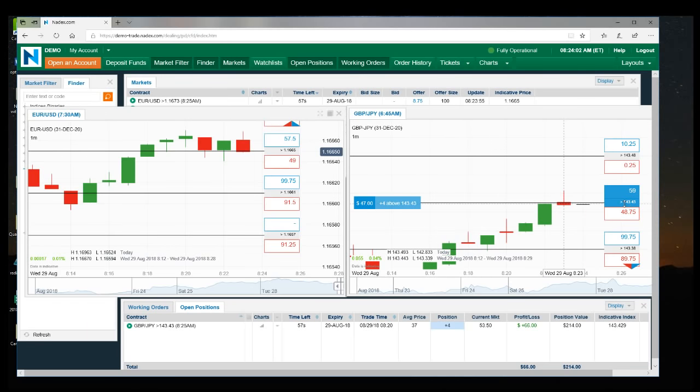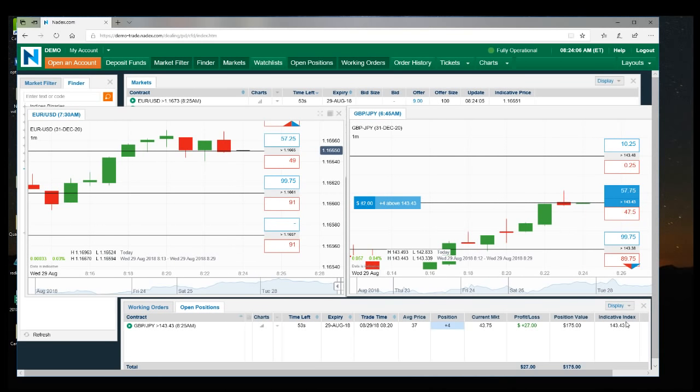Remember, this has to be at 143.431. And this is where you watch the indicative index. That's what determines the expiration value.